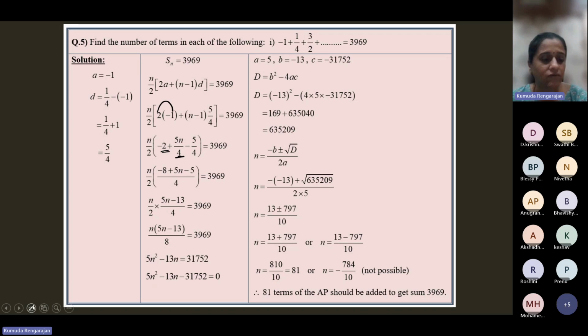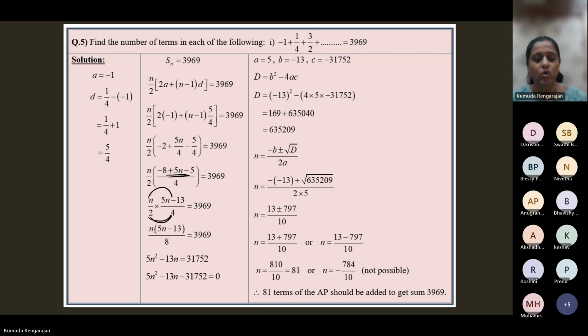Then for the terms inside the bracket, take the LCM, which is 4, and you get these terms in the numerator. So we have n by 2 into, on simplifying this, 5n minus 13 by 4 is equal to 3969. Multiply the numerators, n into 5n minus 13, and multiply the denominators. So n into 5n minus 13 by 2 fours are 8 is equal to 3969.